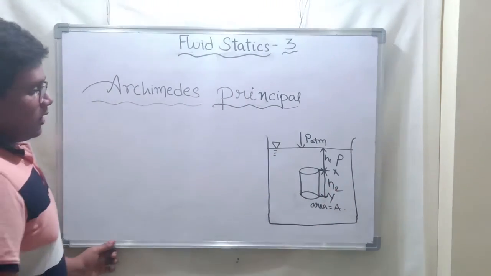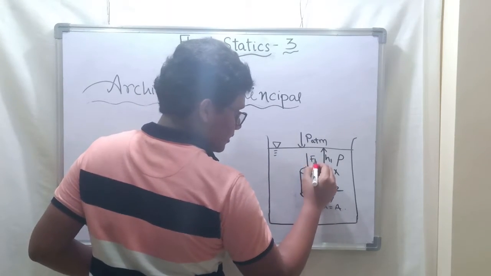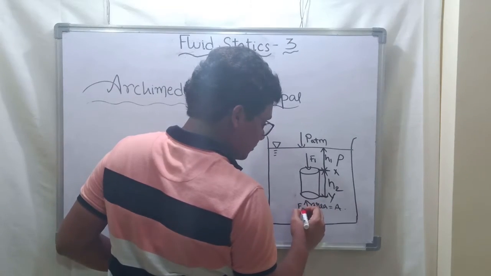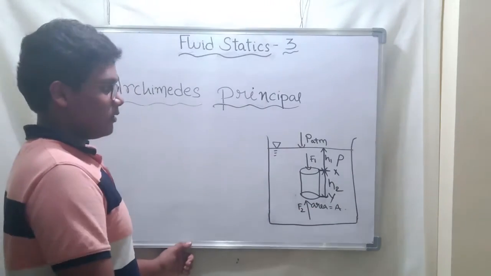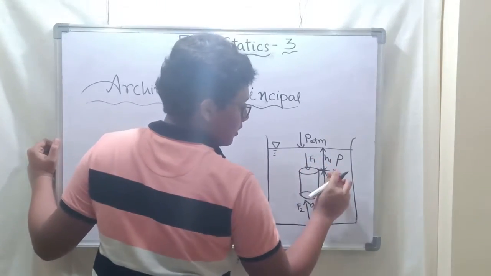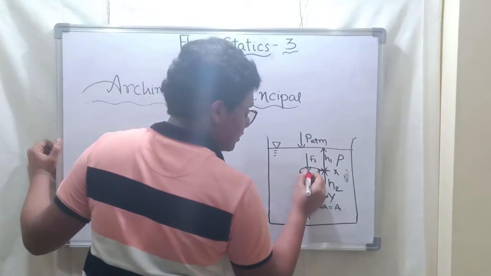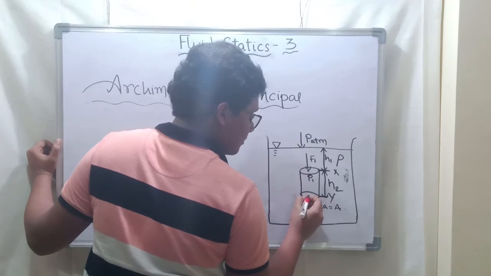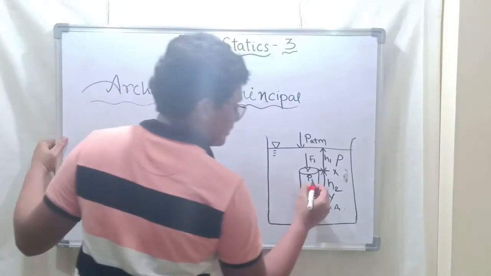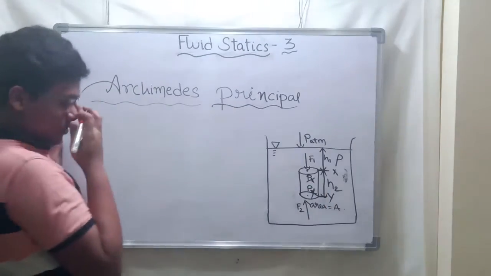F1 is acting from upwards, and F2 is acting from downwards. Here the pressure will be P1 at this point, and P2. We can take Px or Py, so we will take Px here instead of P1, and Py instead of P2.